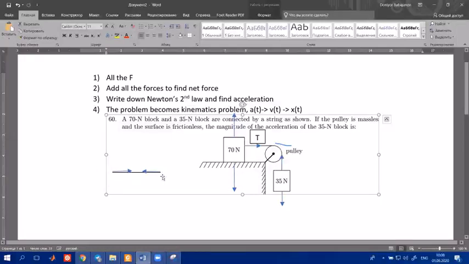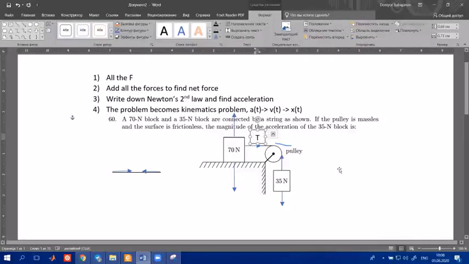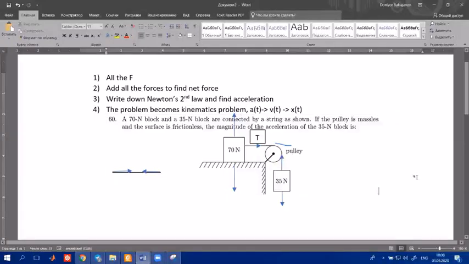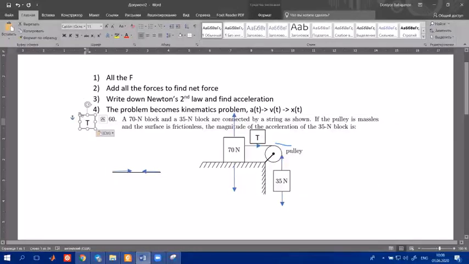We assume that the rope is ideal. It has no mass, it's unstretchable, uncompressible, etc. So tensions from the two ends will be equal to each other. That means this tension is also equal to T.